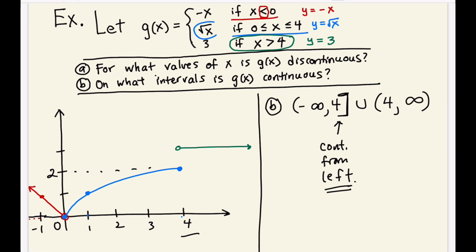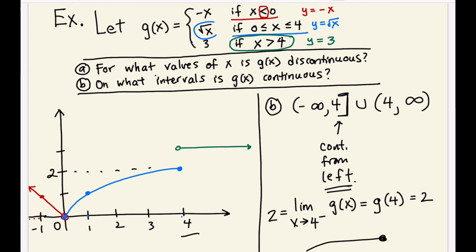If you don't remember what that means, it means the limit as x approaches 4 from the left is equal to g of 4. Both of these values we know are equal to 2. The pattern you see is, if this was a little tadpole swimming, he would be swimming from the left toward the right.